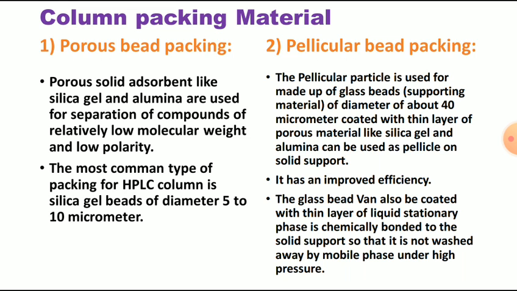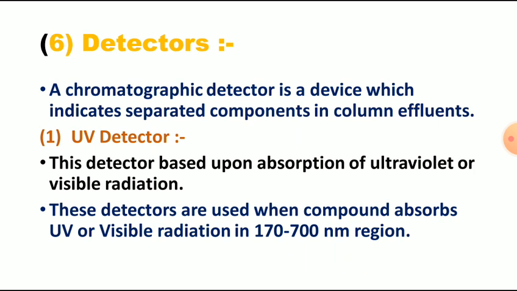Now we will move to the next component, the detectors. In this HPLC instrument two types of detector are used: first the UV detector, and second the refractive index detector.